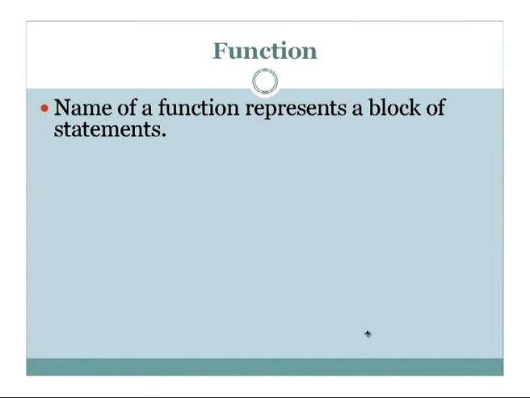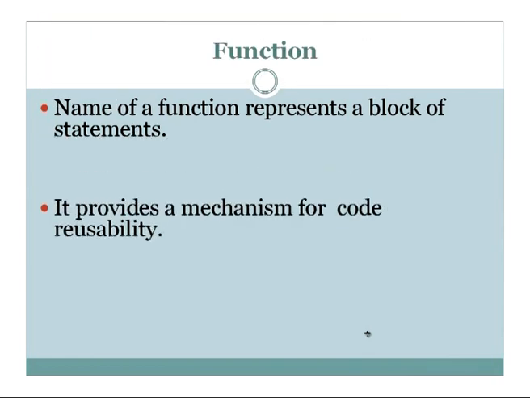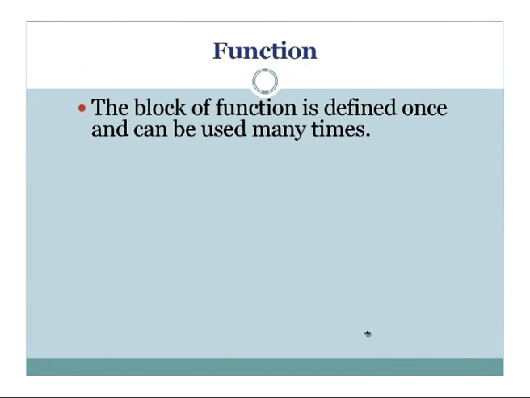The name of a function represents a block of statements. It provides a mechanism for code reusability. It means we can define code once, and we can access that code by using the name of the function again and again. The block of a function is defined once and can be used many times.